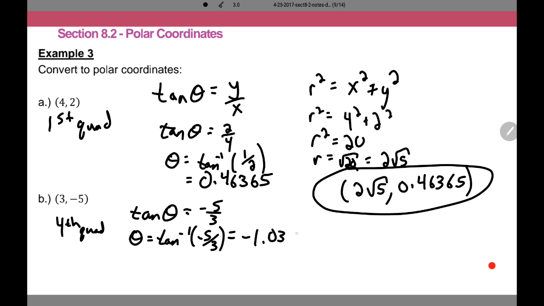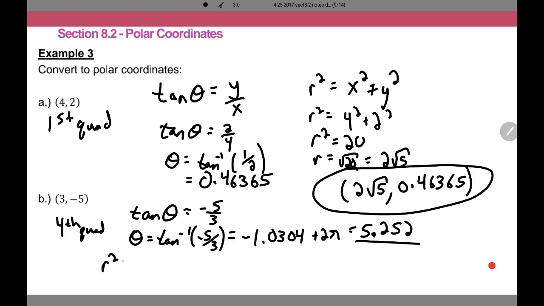Now, we could keep that negative number, or since we know it's in the fourth quadrant, we could add 2 pi and get our angle in radians in the fourth quadrant. So either way is fine. I would say let's use this one since it's a positive number.